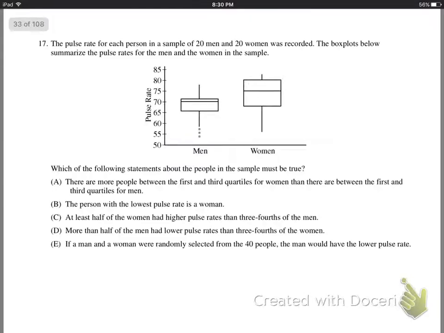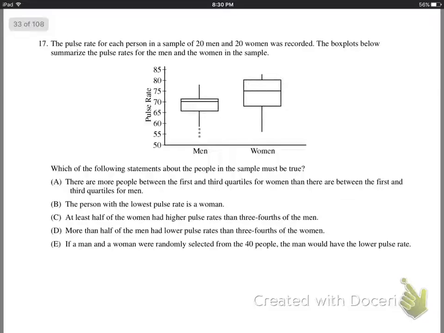Okay, let's talk here about number 17 because they want us to compare these two box plots. A talks about more people. All right, I want to again make this clear that the box plot divides the data up into quarters, 25% each.